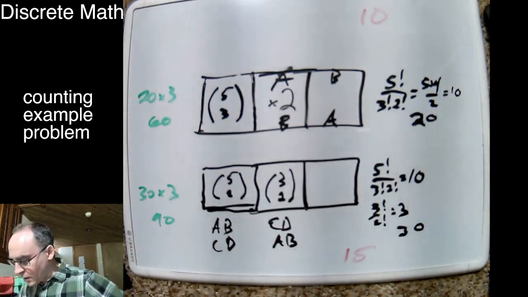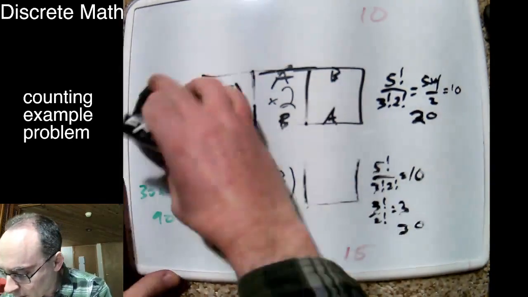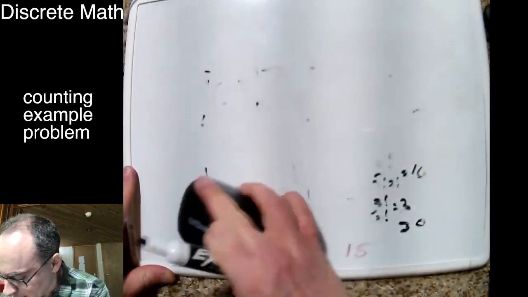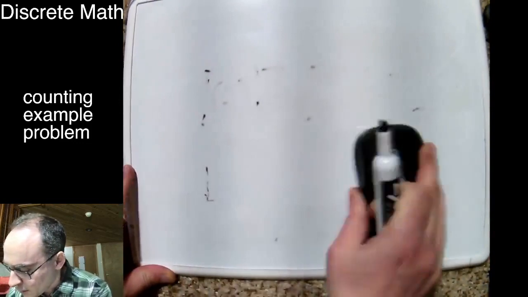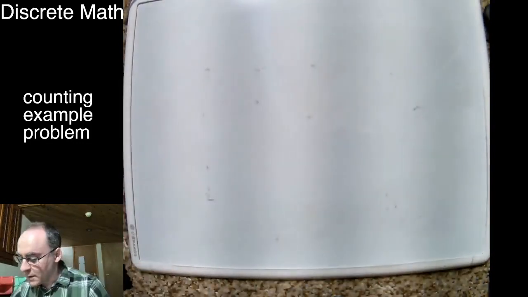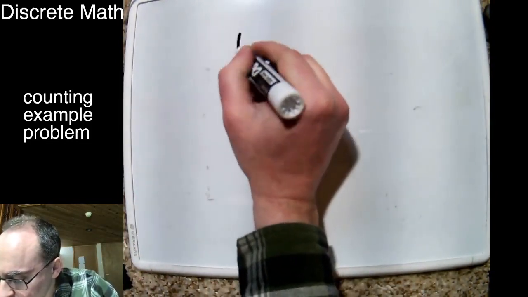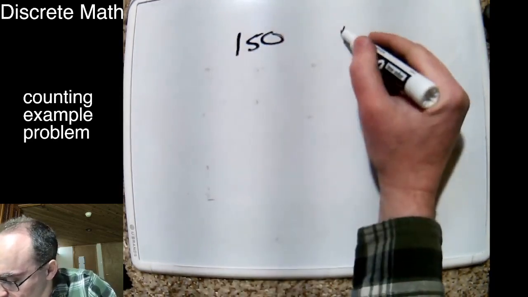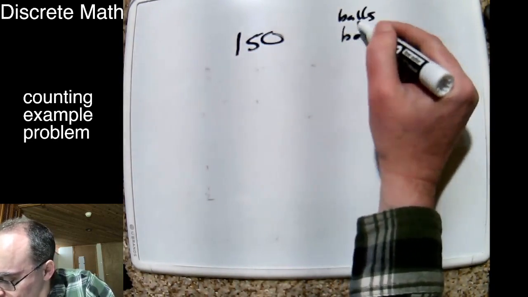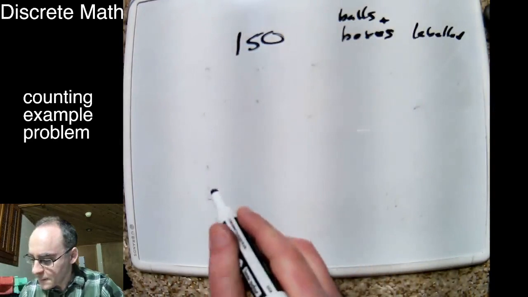But to just sum up, our final answer for all the combinations, let me just clear this off and write it down. We said that if everything has labels, balls and boxes labeled, there's 150.